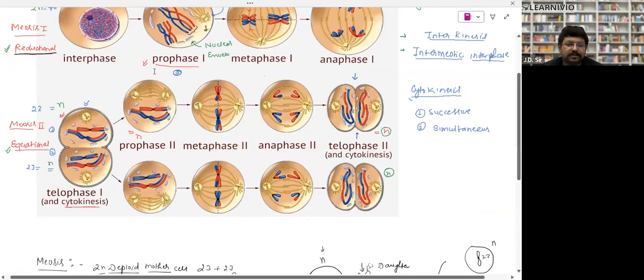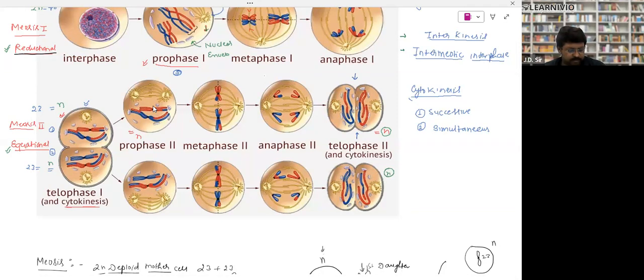Brief means very small, it takes a very short time.